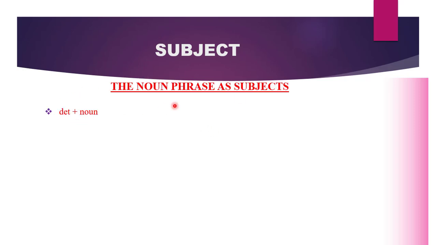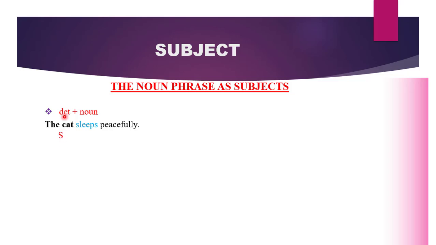The noun phrase functioning as a subject can be in the form of a determiner and a noun, and not a single noun. Let us have these examples. Example 1. The cat sleeps peacefully. What sleeps peacefully? The cat. So over here, the determiner or the article the and cat together are performing the subject role.